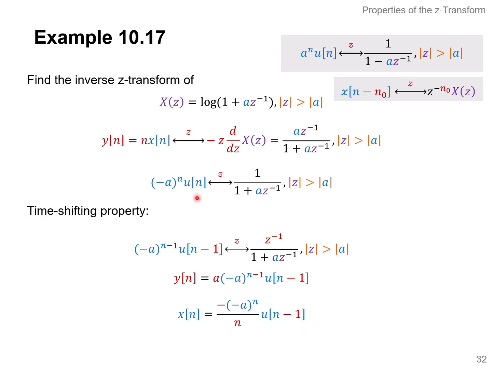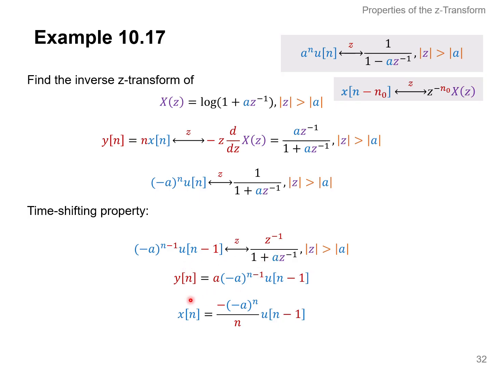Next, we apply the time shifting property. Multiplying by z to the minus 1 means a delay of one sample. So the signal becomes minus a to the n minus 1 times the unit step shifted by 1.